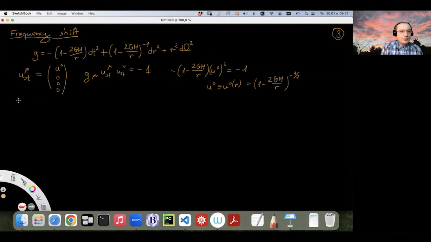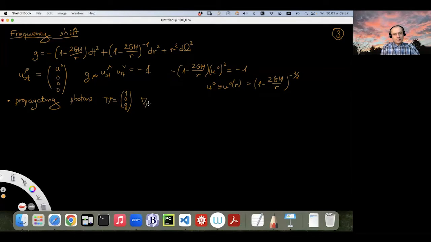Okay, now let's consider propagating photons. So we will use the following facts, just like we did in the Newtonian approximation. The metric has a time-like Killing vector, T^μ equal to (1, 0, 0, 0).